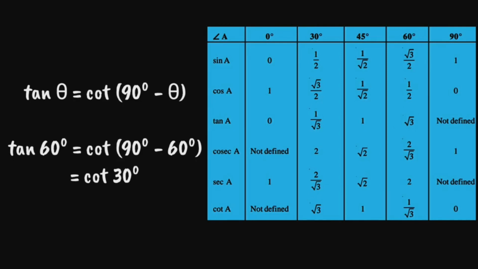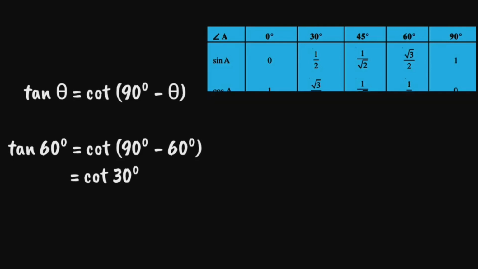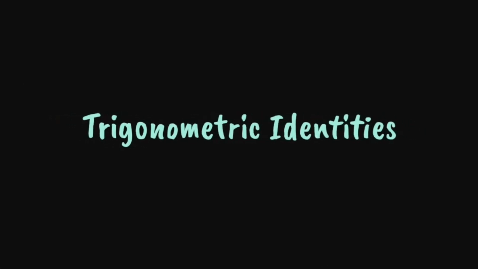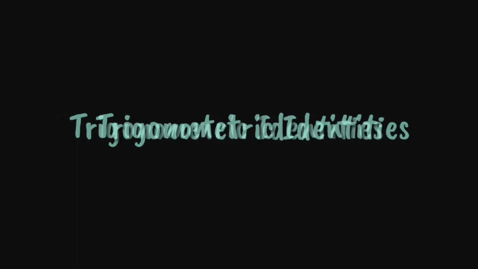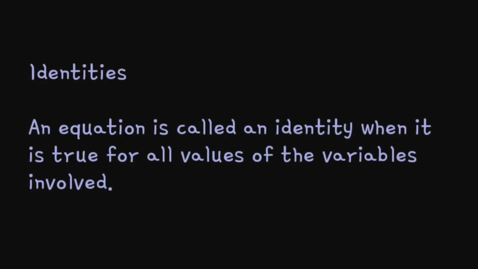Now let's move to the next topic, trigonometric identities. You have studied what an identity is, and you have seen many algebraic identities also. An equation is called an identity when it is true for all values of the variables involved.